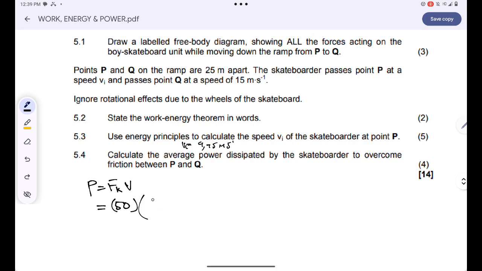Average velocity is just the initial velocity plus the final velocity all over 2. This will give me the average power to overcome friction: 50 multiplied by 9.95 plus 15 all over 2. This will give me 623.75 watts.